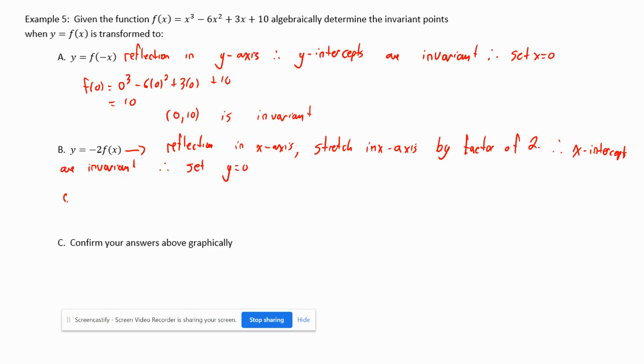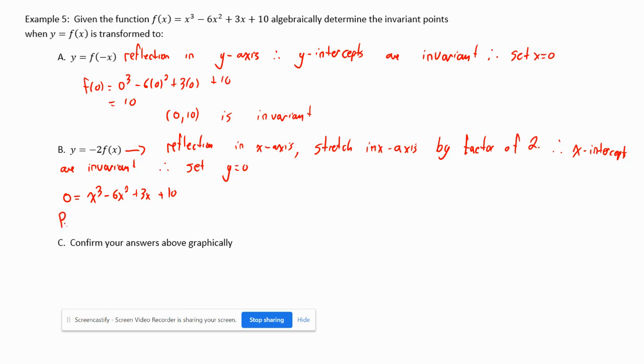So we need to go 0 equal x cubed minus 6x squared plus 3x plus 10. We just learned in the polynomials unit how to factor and solve these types of questions over here. So how are we going to do that?